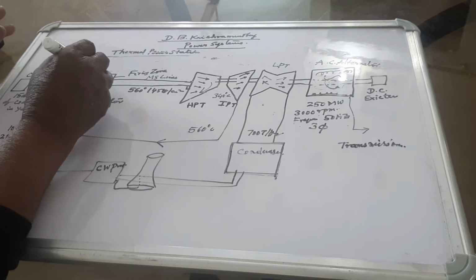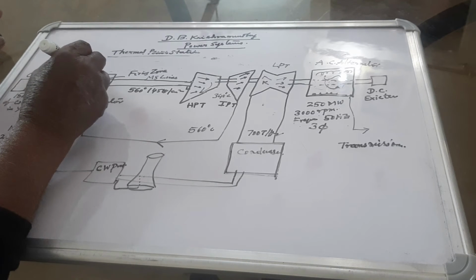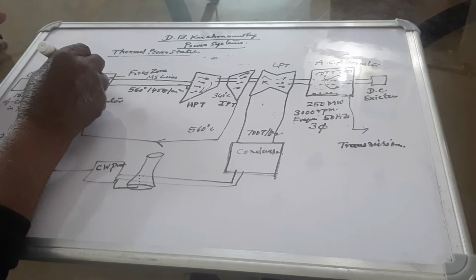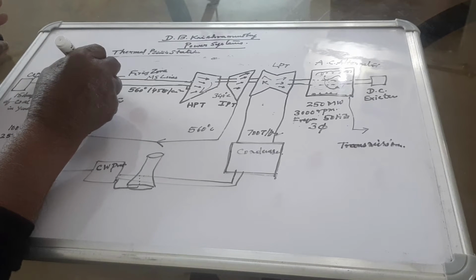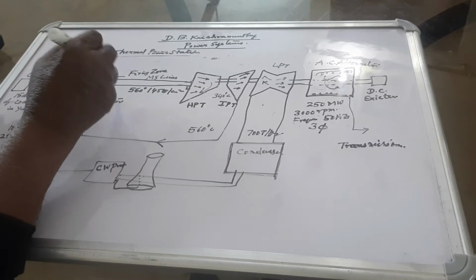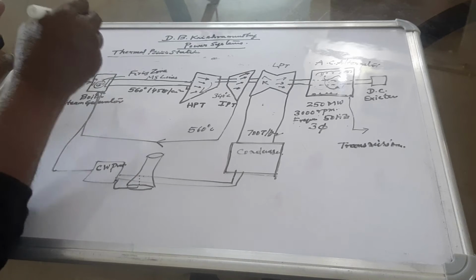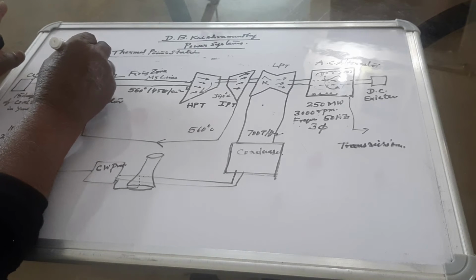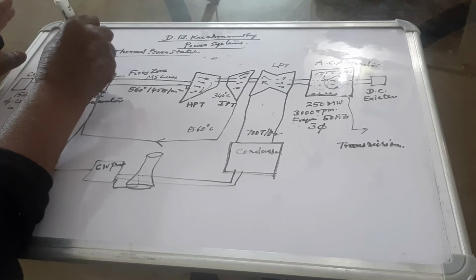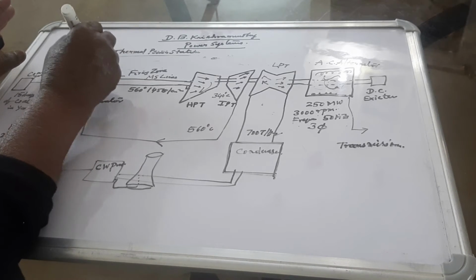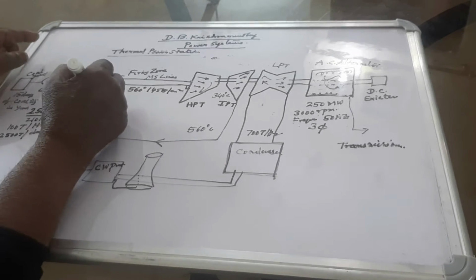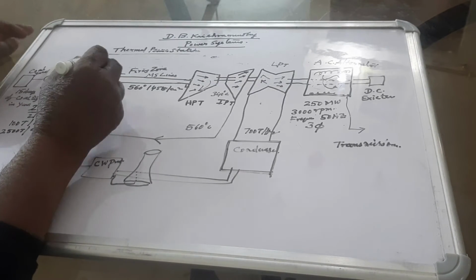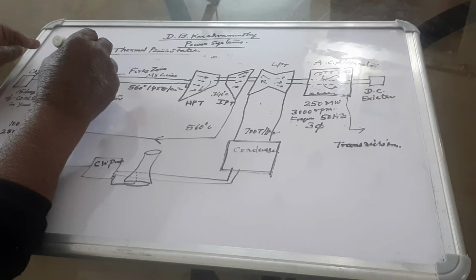This heat is imparted to the pipes along the boiler wall. This boiler is of 70 meters, 210 feet height. So, this is very high, and wherein the drum will be there.